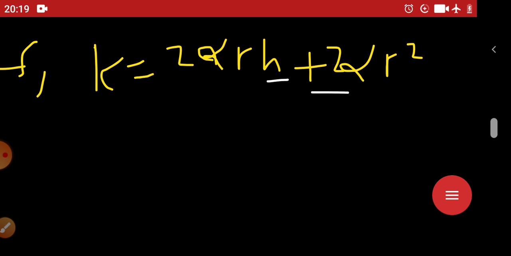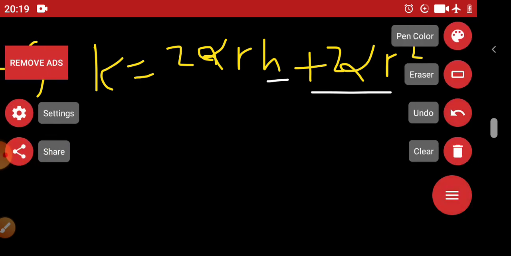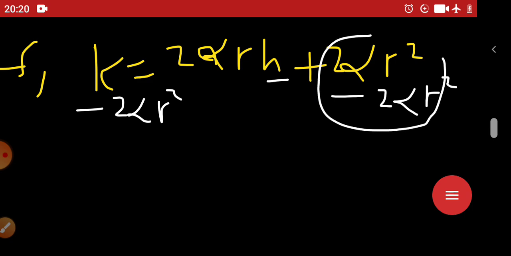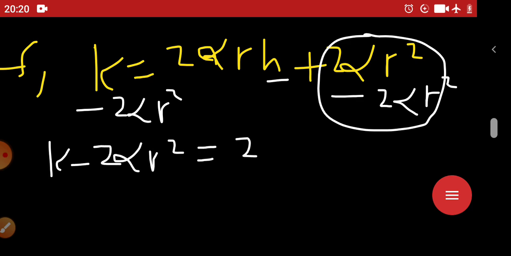So we can subtract this term from both sides. How do we do that? We say minus 2 alpha R squared on both sides, so that this becomes 0. The left hand side we have K minus 2 alpha R squared, which is equal to 2 alpha R H.